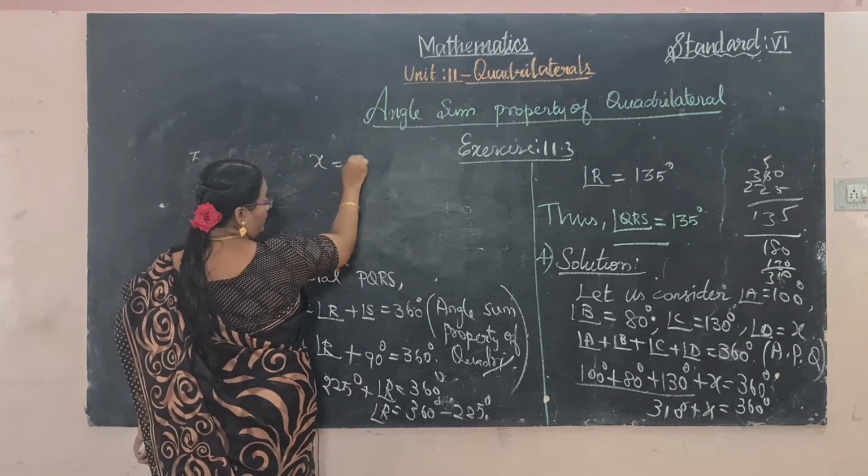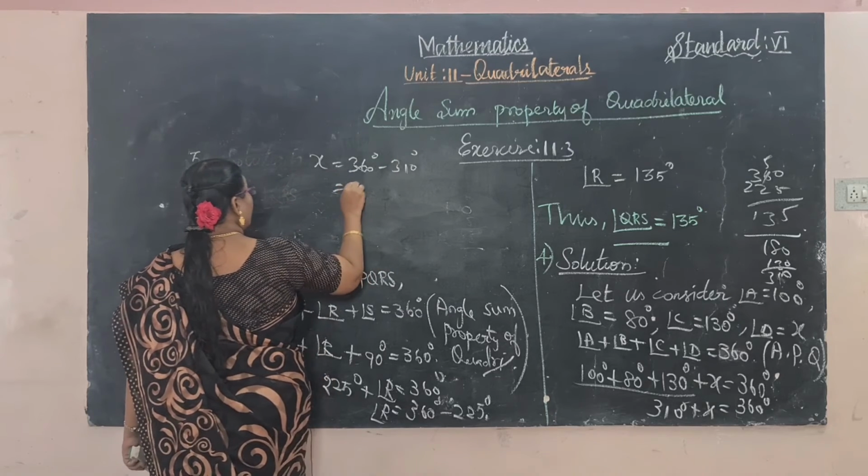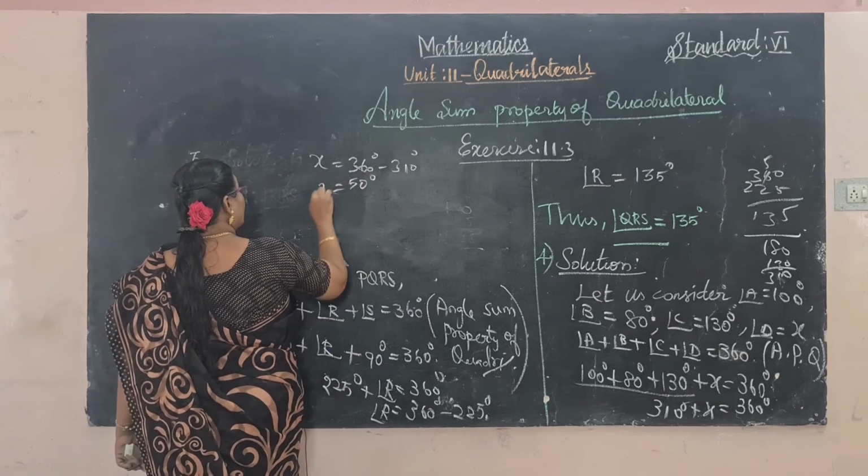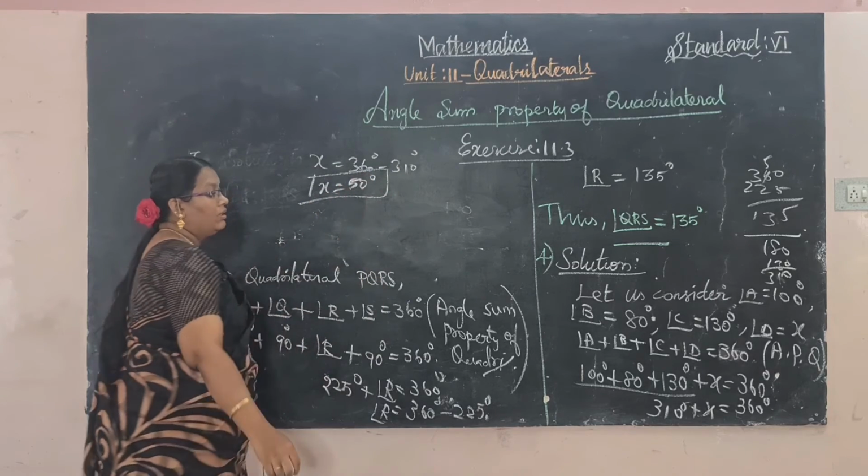So x equal to 360 degree minus 310 degree, we get 50 degree. So x equal to 50 degree.